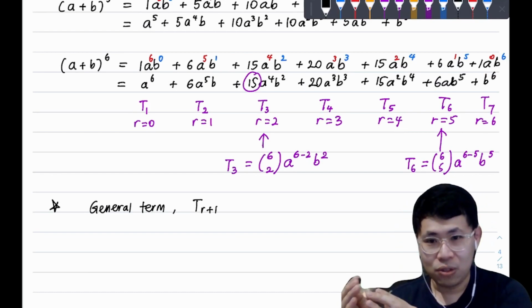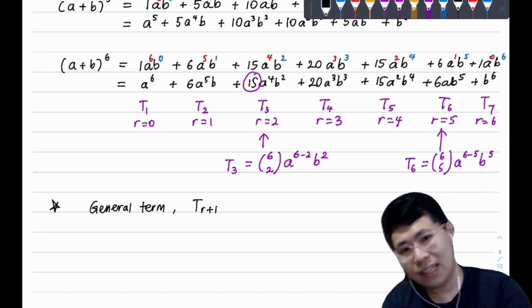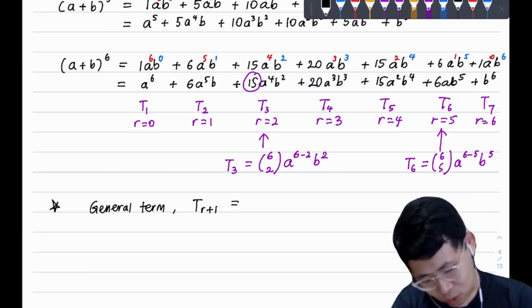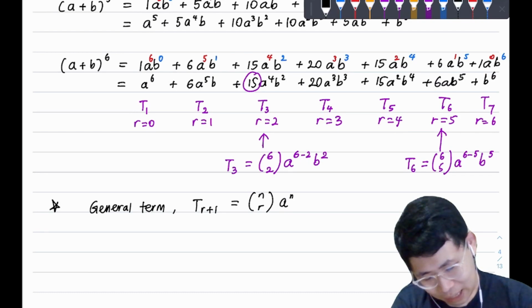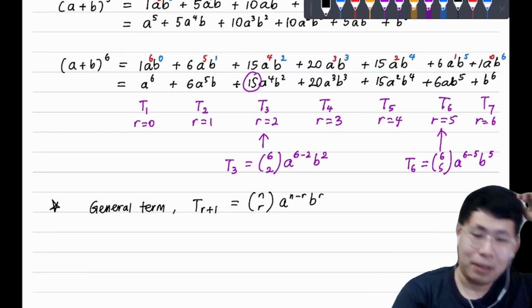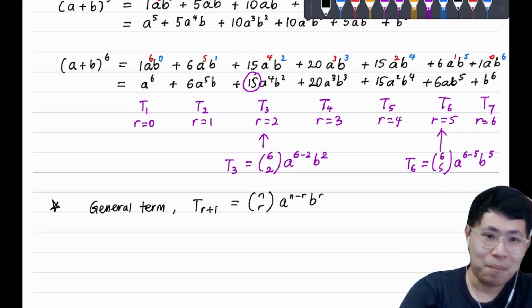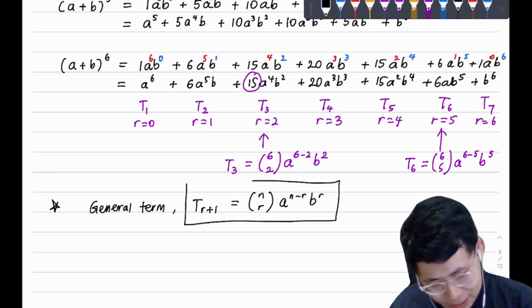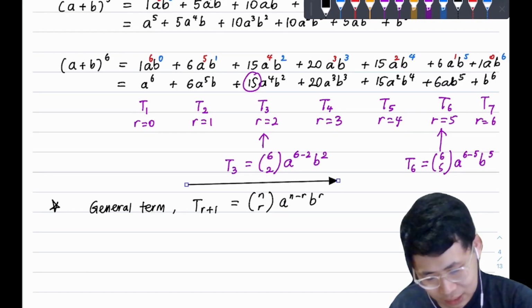So when r is 0 it is the first term, when r is 1 it is the second term, and so on. So T r plus 1 is equal to n choose r of a to the power of n minus r times b to the power of r, by recognizing the patterns.